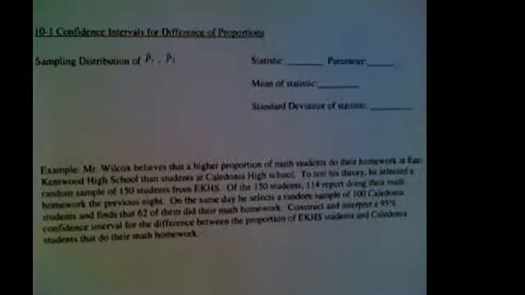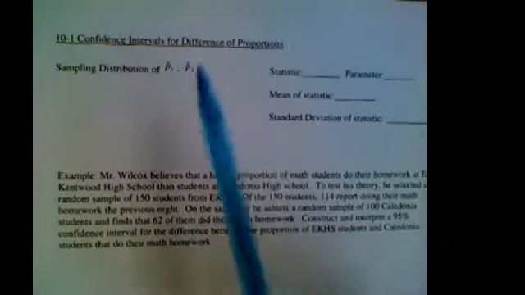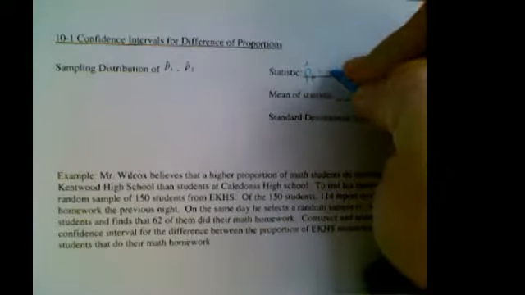So this scenario is going to be when we have two different proportions in our problem. So our statistic will be that we're going to have two proportions that come from samples. So you'll have a p hat 1 minus a p hat 2. And then your parameter would be the true proportion of population number 1 minus the true proportion from population number 2.